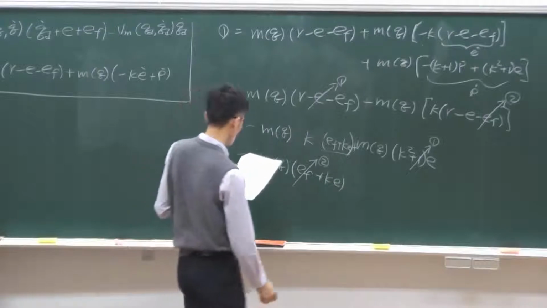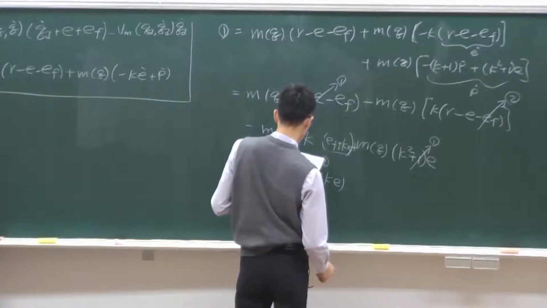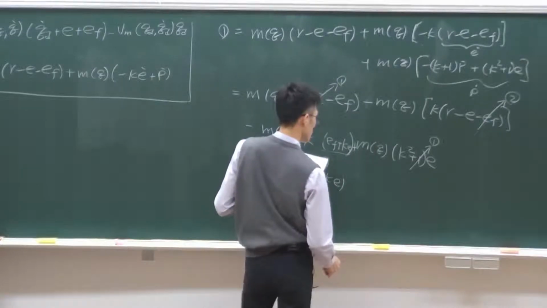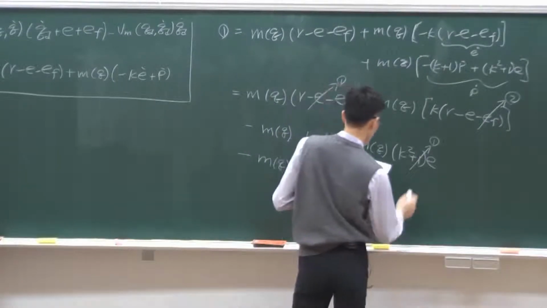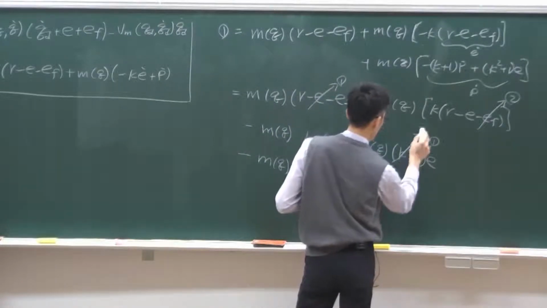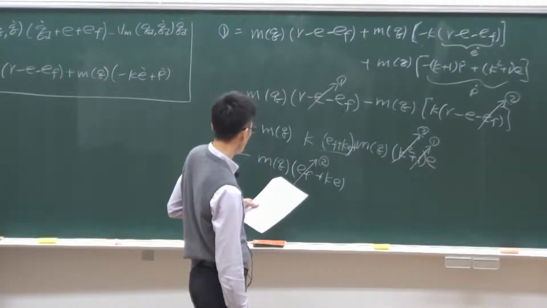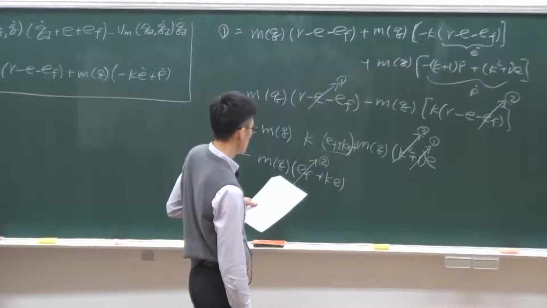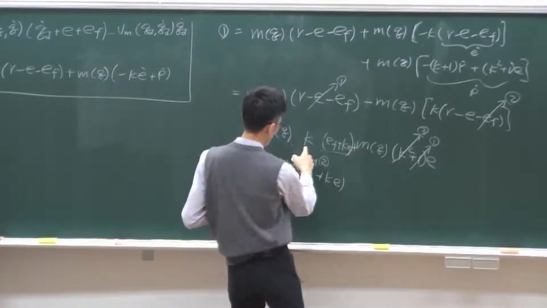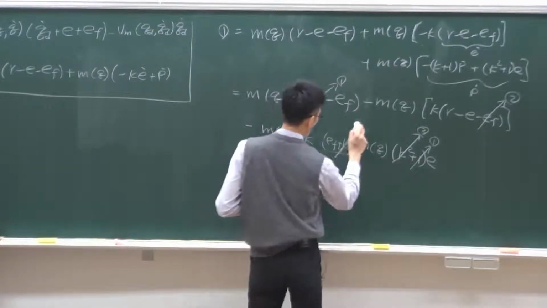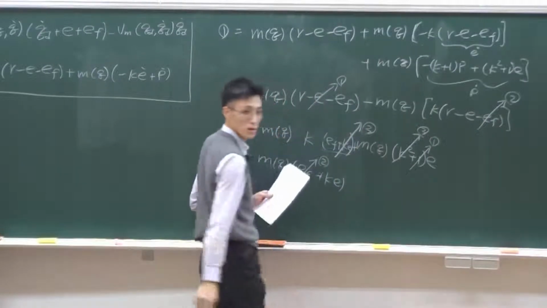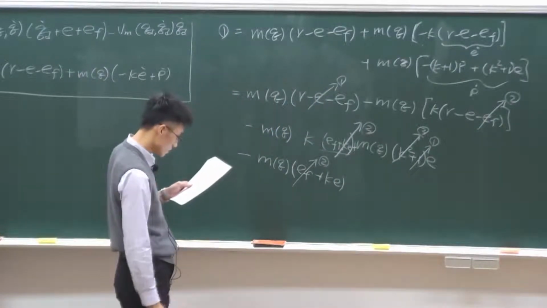And third, KEF, this MK square E will cancel out the MK square E. Okay.